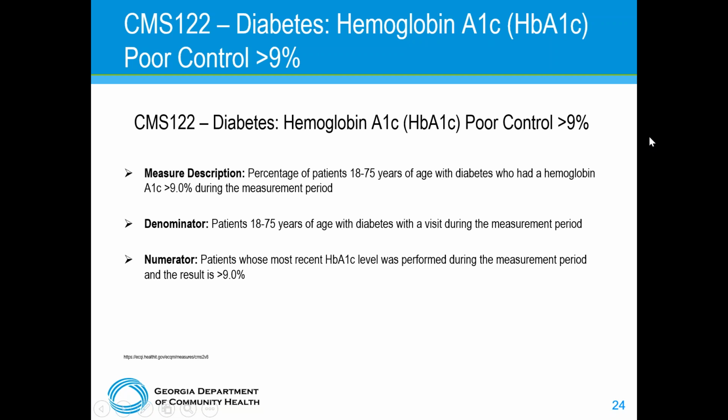So this can be a little confusing, but what this measure is actually looking for is a low number in that numerator spot, as this demonstrates better quality of care. So when caring for a diabetic patient, especially those with an A1C greater than 9%, as providers, we should be ordering this lab test every 90 days and documenting the results of that test. Next slide.